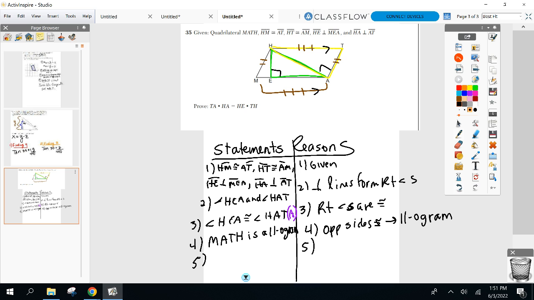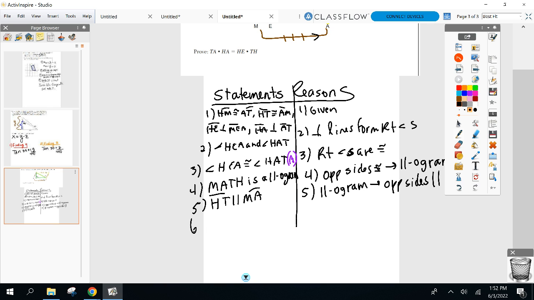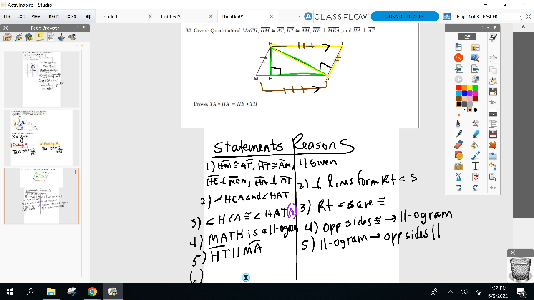Alternate interior angles. That's where I'm getting my third pair. First thing you've got to tell me, HT is parallel to MA. Parallelogram implies opposite sides parallel. Then you can tell me the alternate interior angles are congruent.